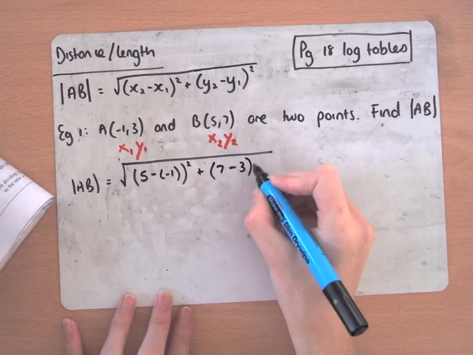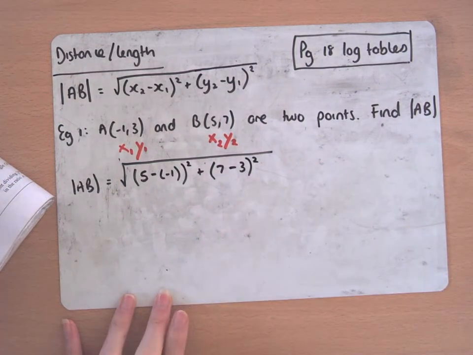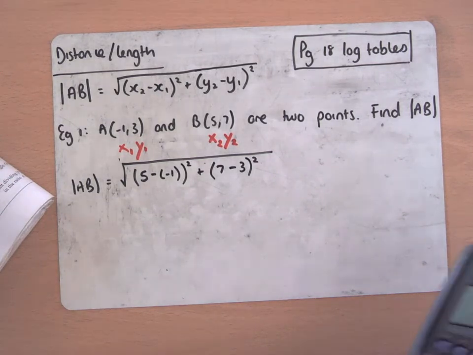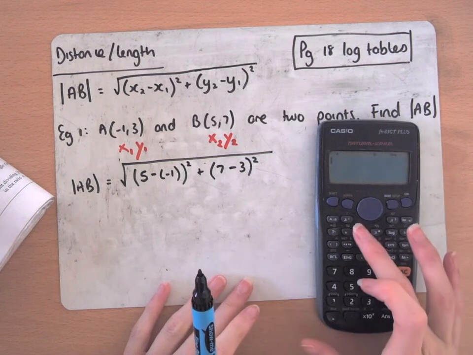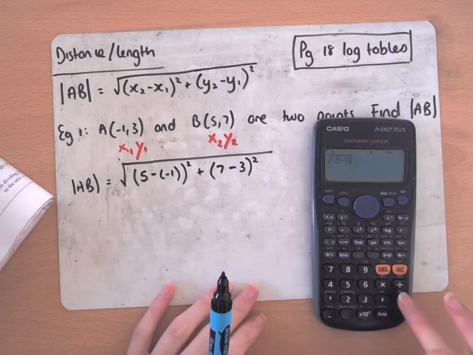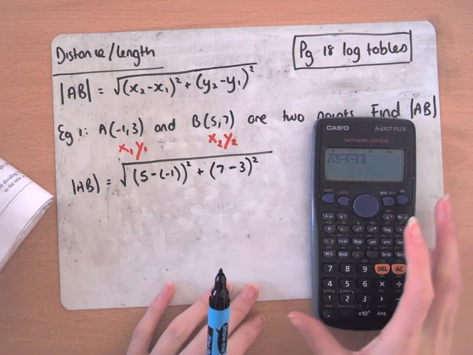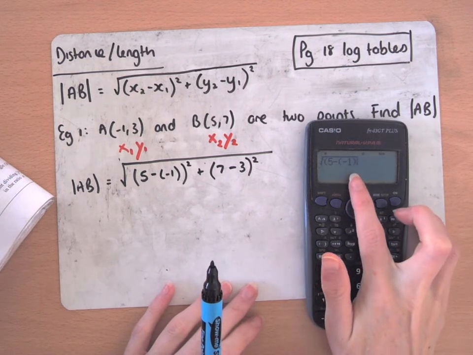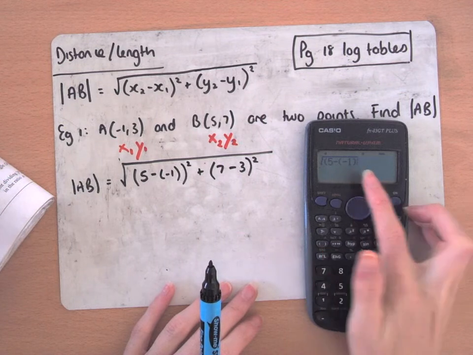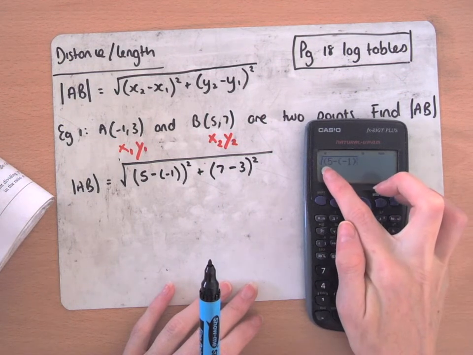Brilliant. To be squared. And that can go straight into the calculator, girls. You don't need to worry about doing out the sum. You can just throw it straight in. Square root. Open my bracket. 5 minus -1. Don't forget, I've closed the -1's bracket, but I need to close this bracket.